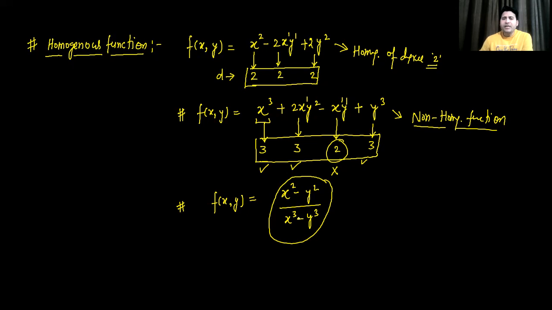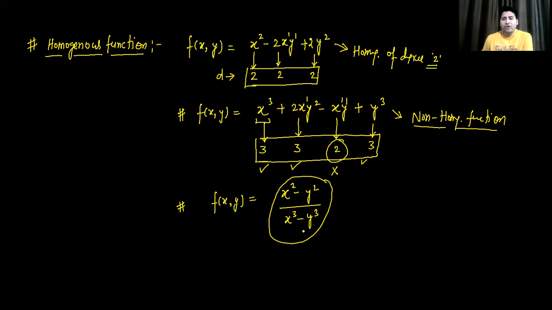Simply check whether the numerator is homogeneous or not. If yes, proceed to check the denominator. If the numerator and denominator are individually homogeneous functions, then the complete function, the numerator over denominator, is also a homogeneous function.